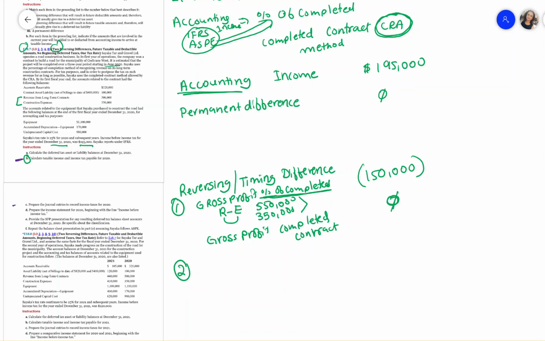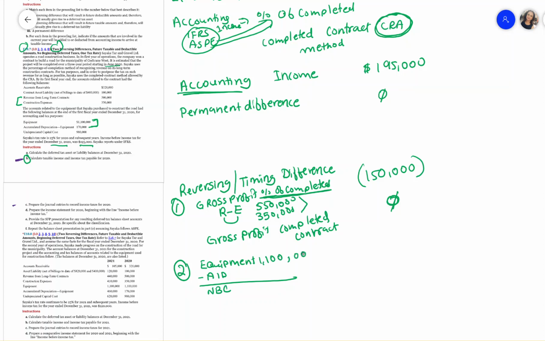You have equipment and you have accumulated depreciation. The equipment goes onto your balance sheet, minus your accumulated depreciation, which gives you a net book value, or carrying value.